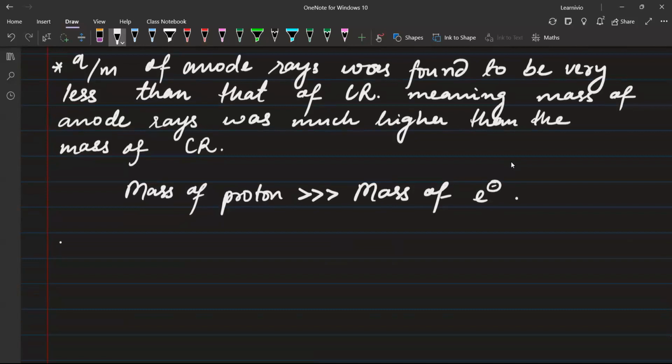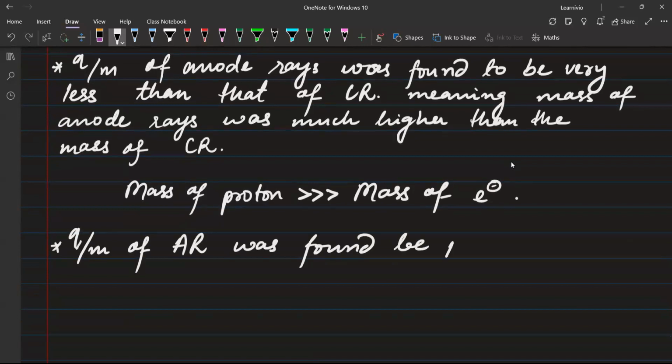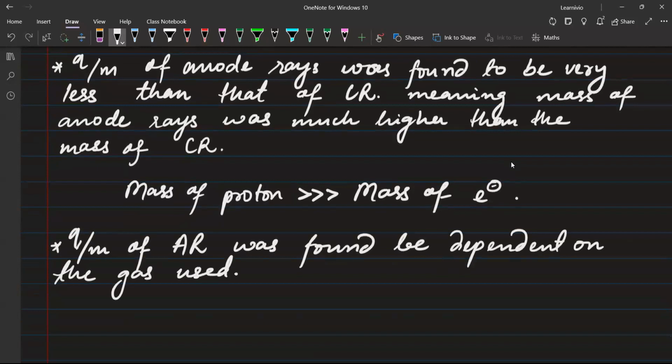Next observation: the charge to mass ratio of anode rays, I'm writing AR, was found to be dependent on the gas used. If we used hydrogen, the charge to mass ratio was very large, and that was the highest. Only then did we come to know that hydrogen is the lightest gas, not element, the lightest gas.